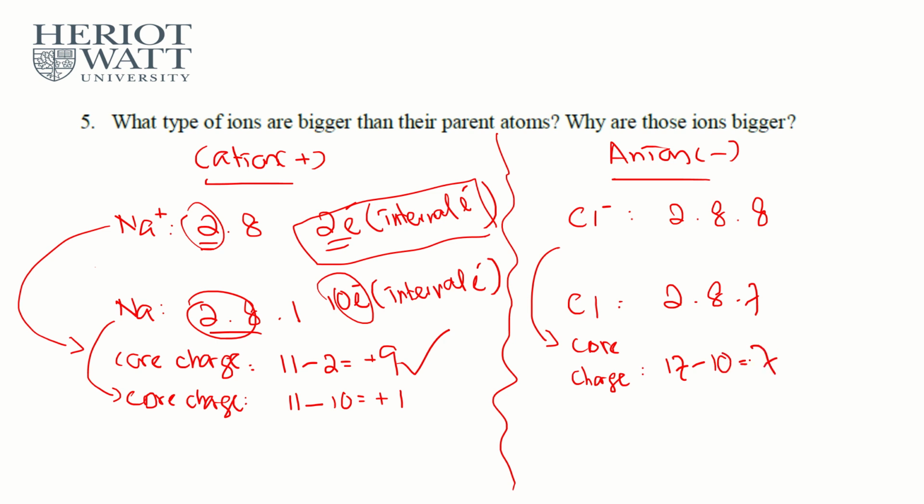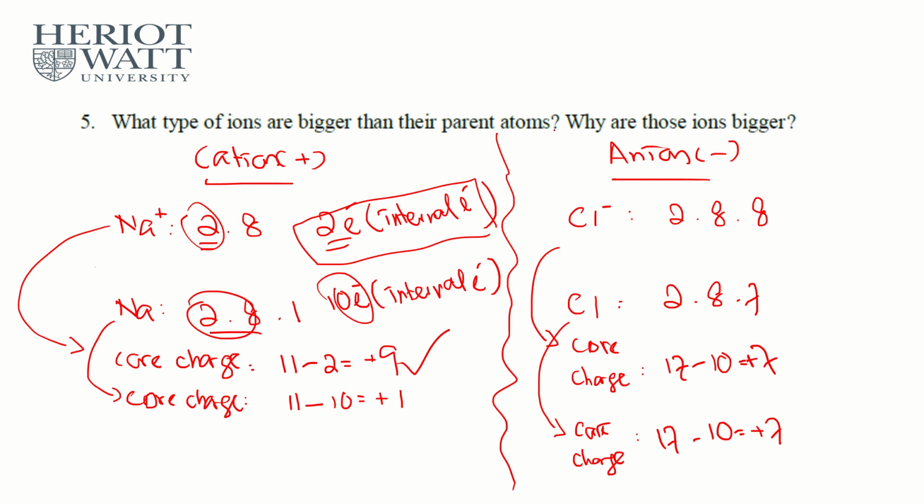You get 7. So this is the core charge for chloride. And what about chlorine? The core charge is 17 as usual, minus the internal, still 10. You get positive 7. So in terms of core charge, they are the same.